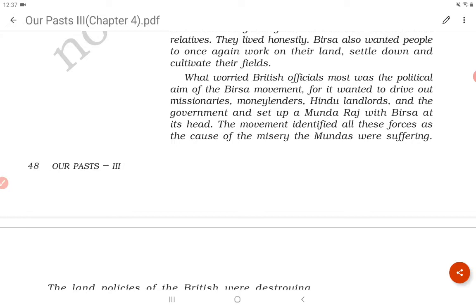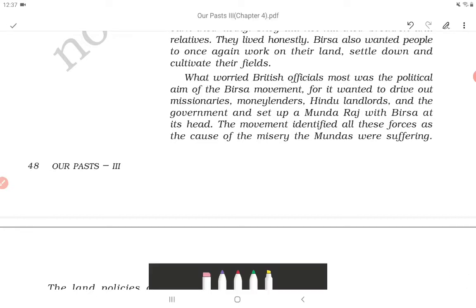What worried British officials most was the political aim of the Birsa movement, for it wanted to drive out missionaries, moneylenders, Hindu landlords and the government and set up a Munda Raj with Birsa as its head.